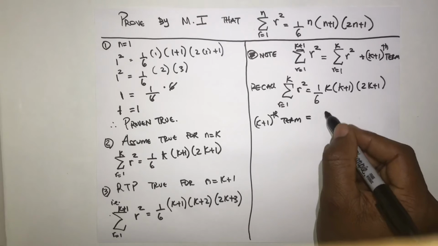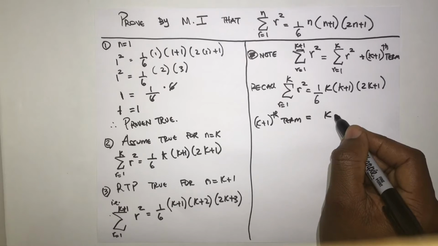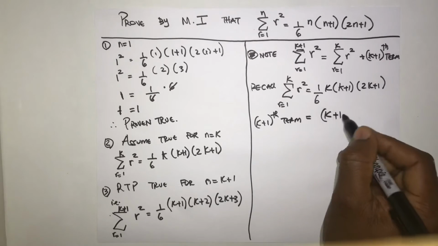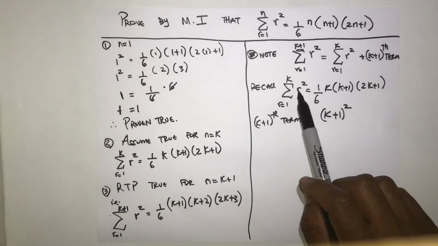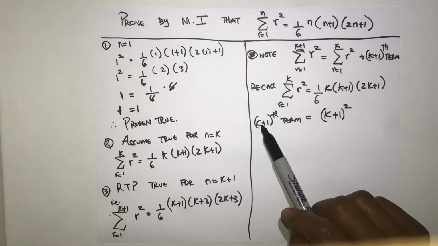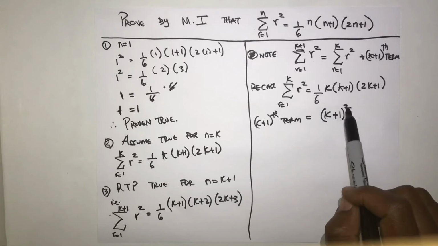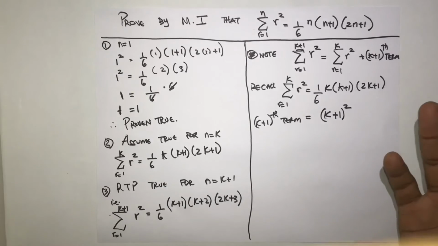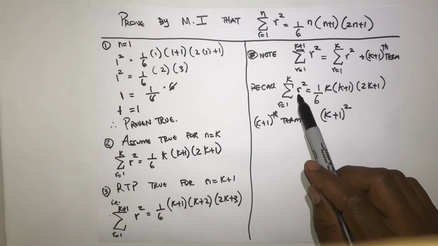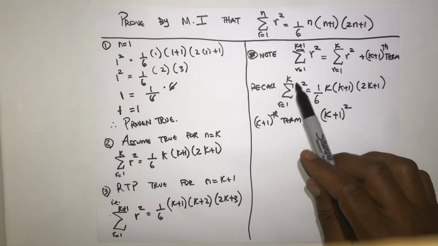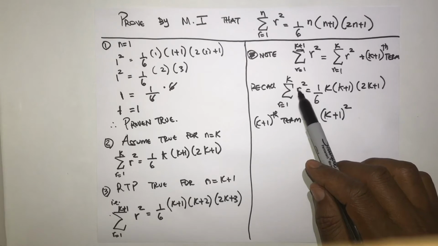Now the k plus 1th term is basically k plus 1 all squared, because if you put k plus 1 anywhere r is, then this would be k plus 1 all squared. Remember, all the terms in this series are governed by the function r squared.